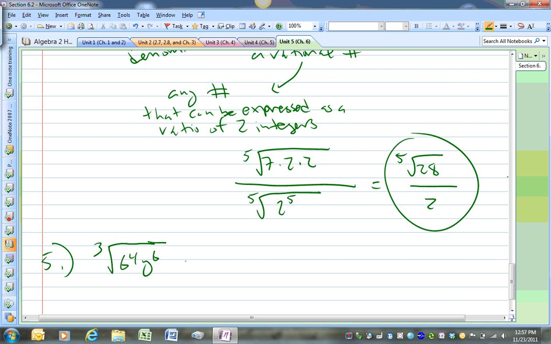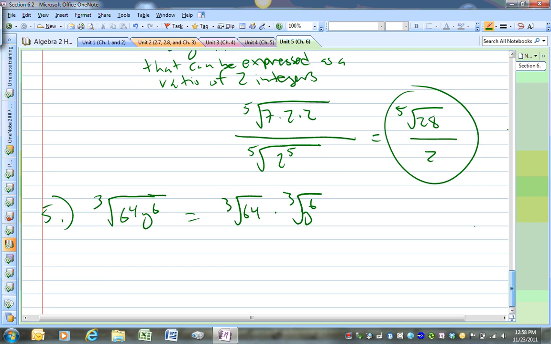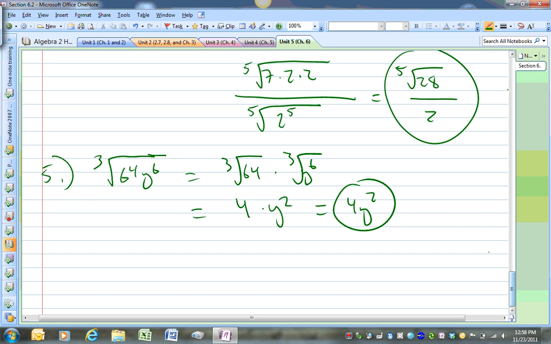Well, we know we could break it up like this. Cube root of 64 is 4. And the cube root of y to the 6th is y squared. So the answer is 4y squared. So even with variables, you still apply the same rules.